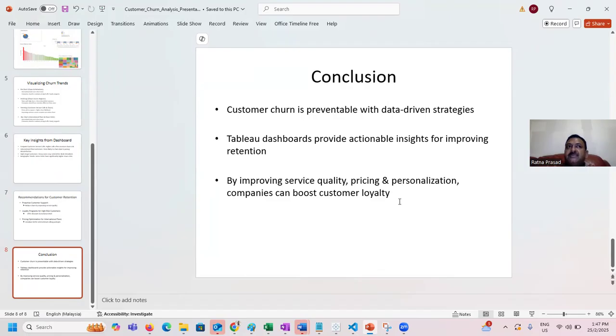If these things are enhanced, the company can boost customer loyalty, retaining customers rather than losing them. So reducing the churn is the goal here, and it is achievable.